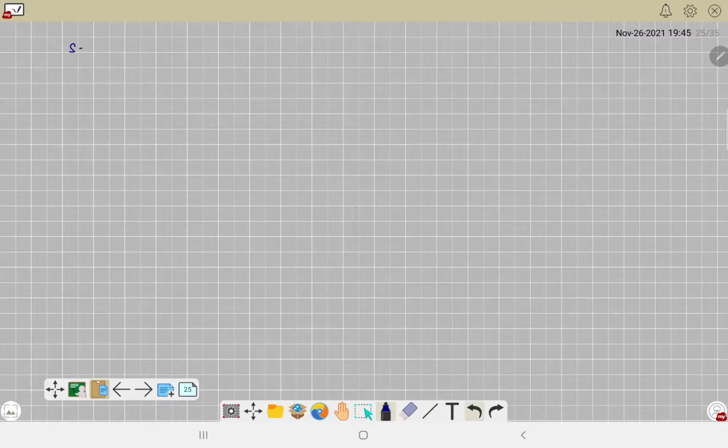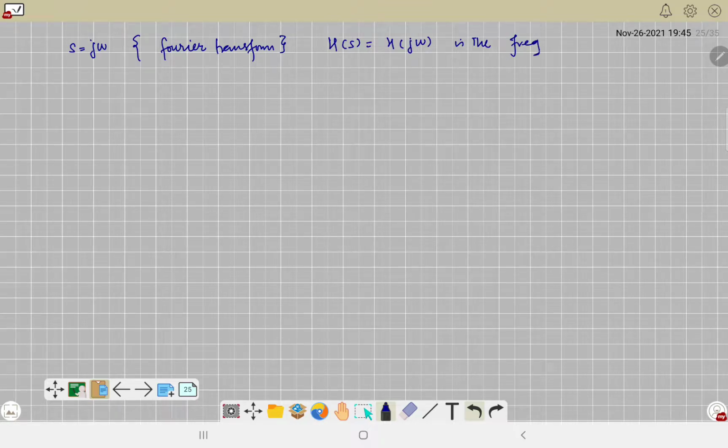Now, when s is equivalent to j omega, that is when we are talking about Fourier transform, in that case your H of s becomes H of j omega, and we simply say that it is the frequency response of the LTI system. Fine.